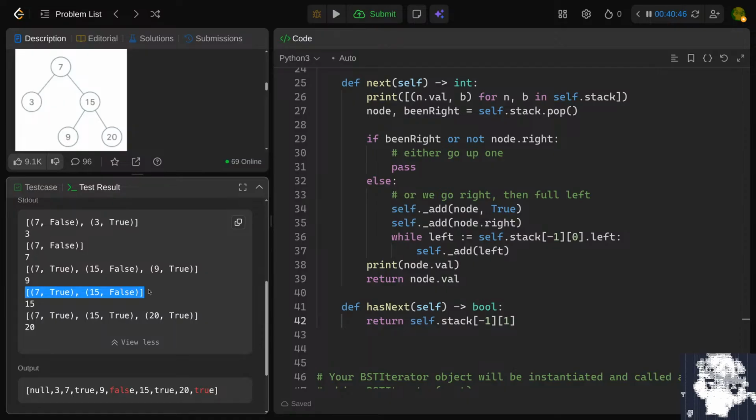And then I guess here I would say, how can I tell the difference between we're on 15 and we haven't been right, and we're on 20? No. If we're on 15 and we haven't been right, then this should... No, I guess the last thing could be either true or false. This doesn't make sense. What did I want to say?